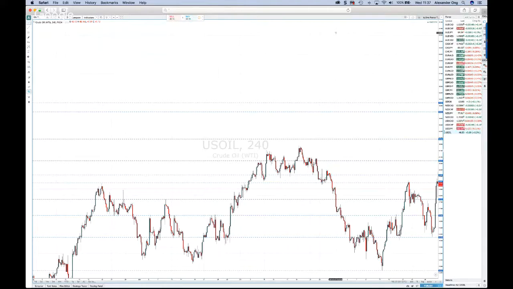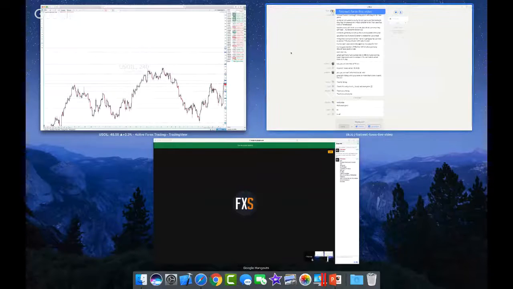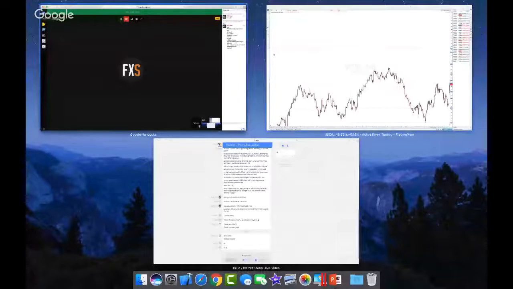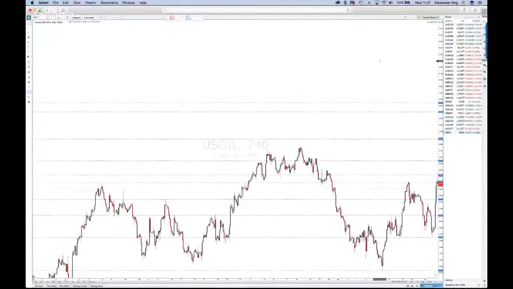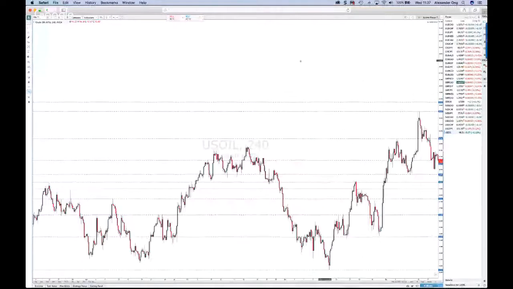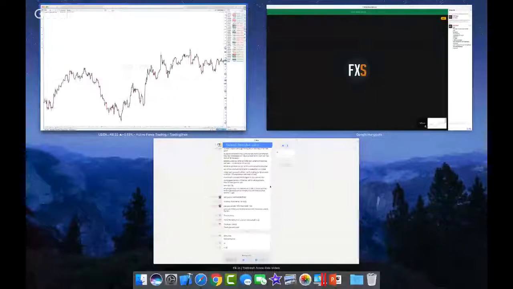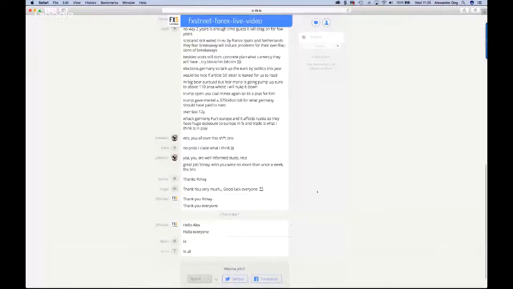So market condition, the trend, or support and resistance? No questions?